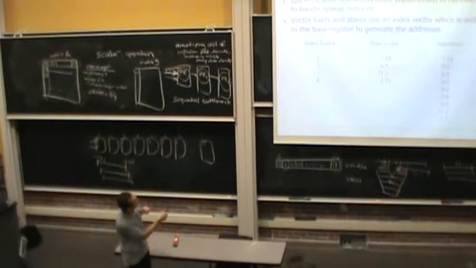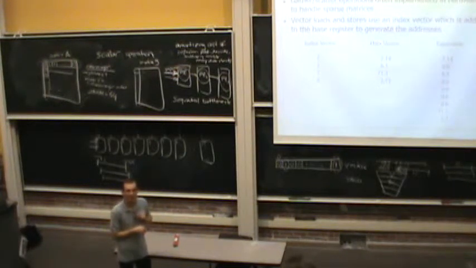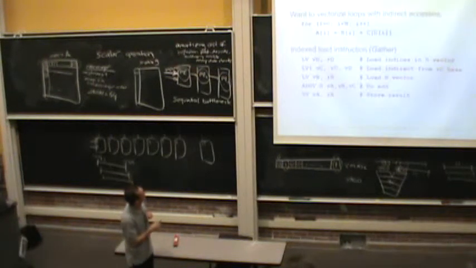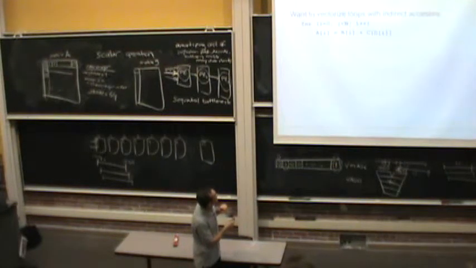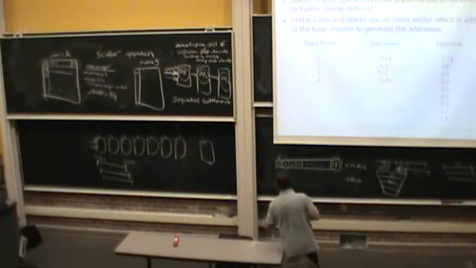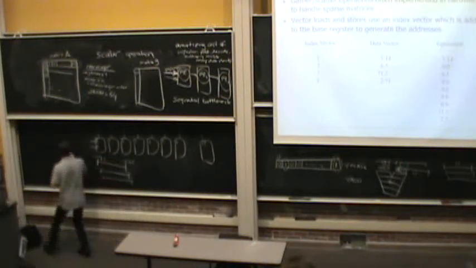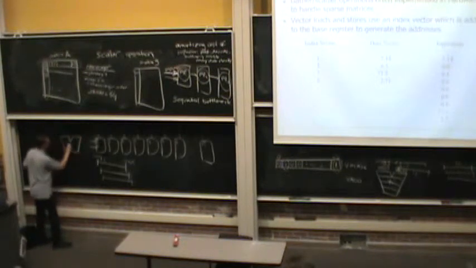This is your index vector, and this is your data vector, if you will, that you want to get out of the memory. What happens is you have hardware support that adds the base register to the index to get these different locations in memory. Does that make sense? I went through this relatively fast, but it's relatively simple. I don't want to go back to that adder, but remember, you have this adder that generated the address.